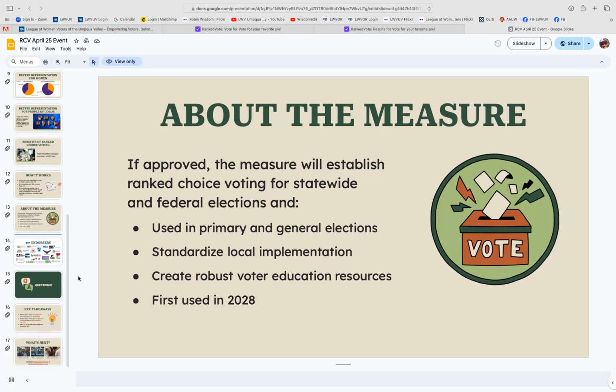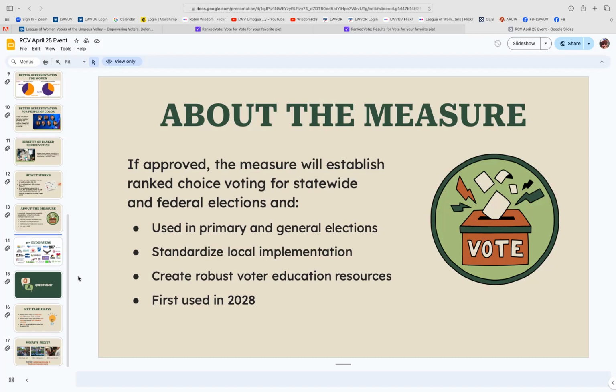Federal elections include the US president as well as the US Congress. So I do want to be clear that this is only applying to the statewide and to the federal elections. And it will be used in both the primary and in the general elections. So in both of those, voters will now be able to use those rankings on their ballot.